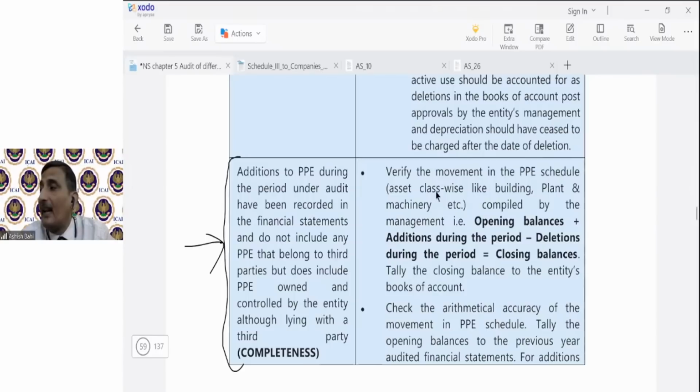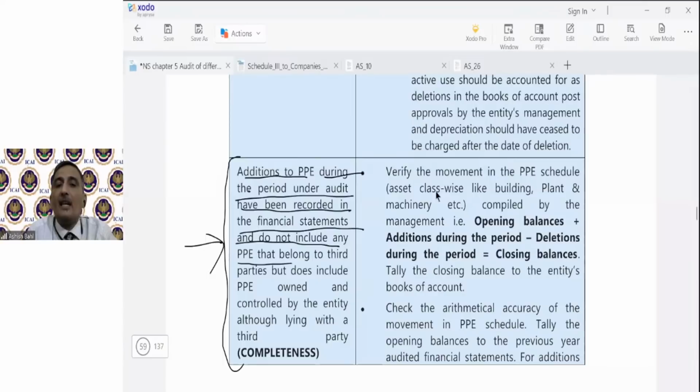So completeness assertion के लिए the auditor has to see that additions to PPE during the period under audit have been recorded in the financial statements and do not include any PPE that belong to third parties, but does include PPE owned and controlled by the entity, although lying with the third party.